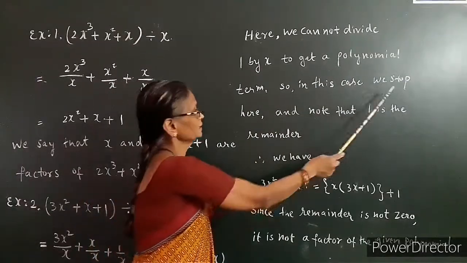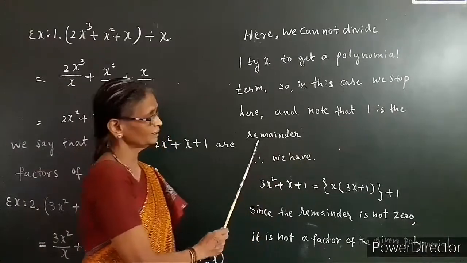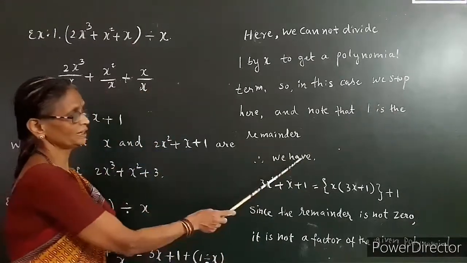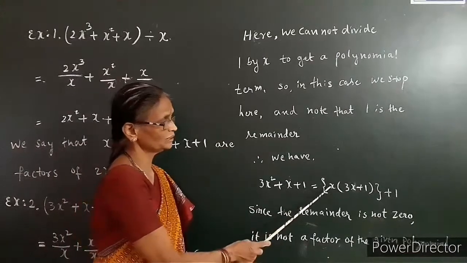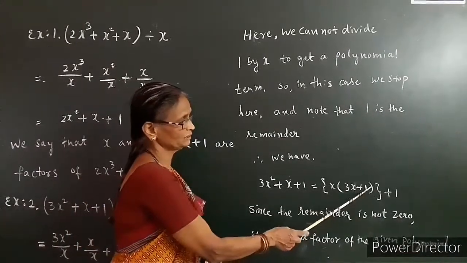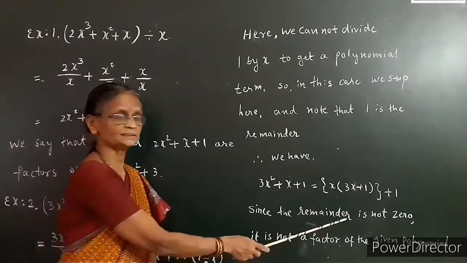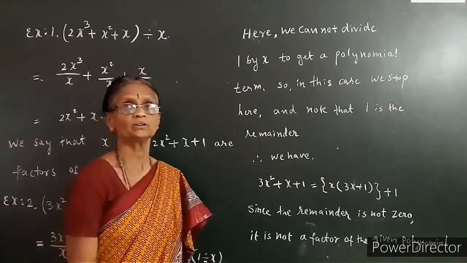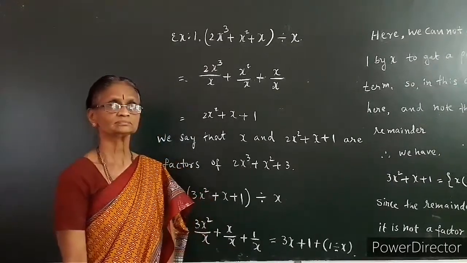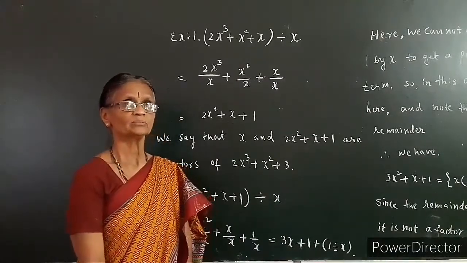So in this case we stop here and note that 1 is the remainder. Therefore we have 3x square plus x plus 1 equal to x into (3x plus 1) plus 1. Since the remainder is not 0, x is not a factor of the given polynomial. This principle is called the remainder theorem of a polynomial.